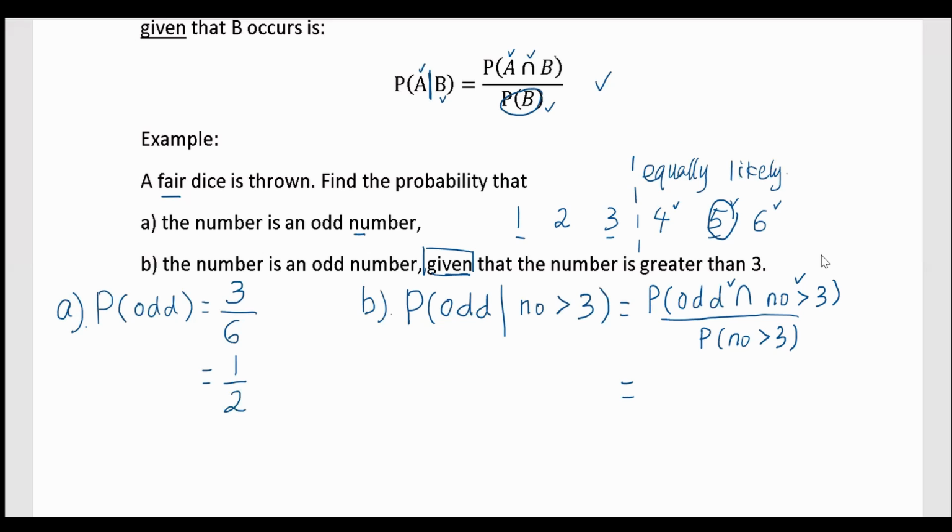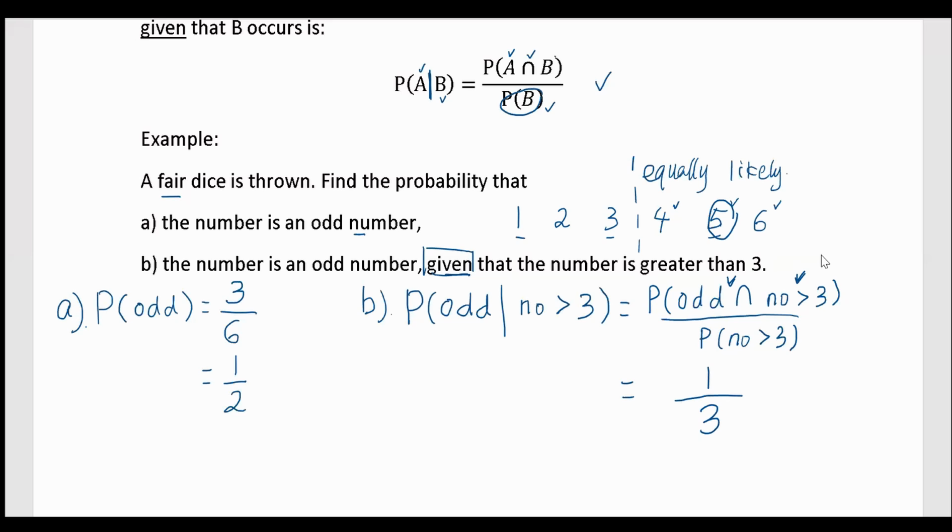So to satisfy the event, odd number and number greater than 3, there is only one outcome, which is number 5. And divided by the probability of getting a number that is greater than 3. If the number is greater than 3, there are only 4, 5, and 6. And hence, there are 3 outcomes.